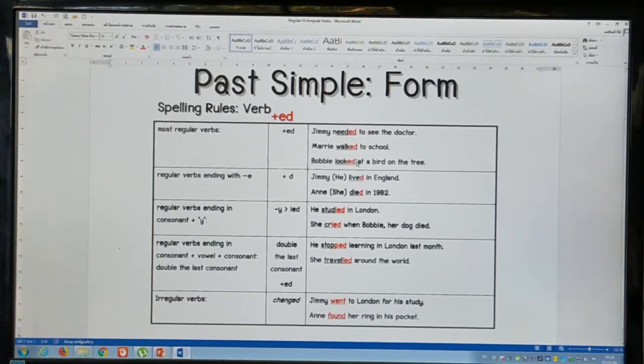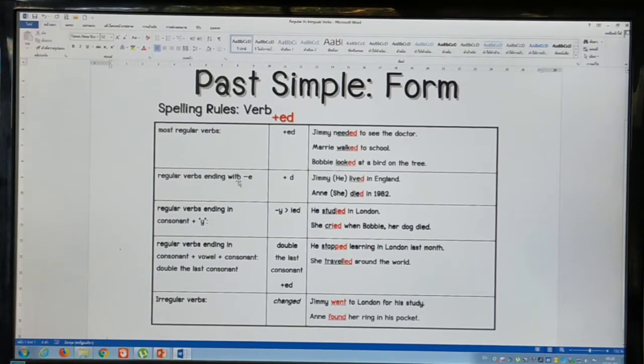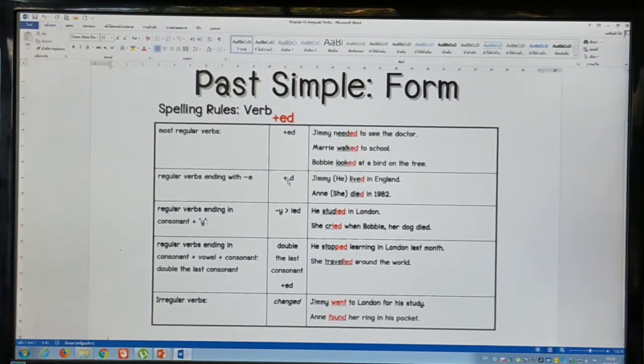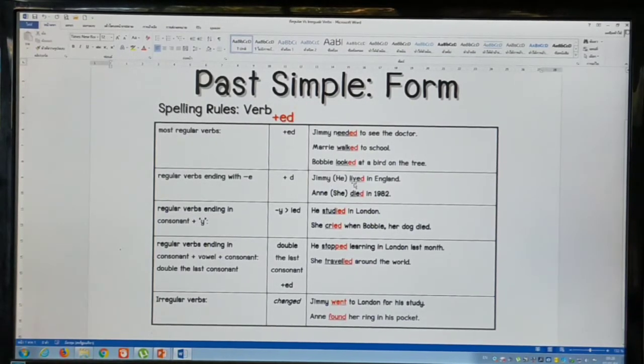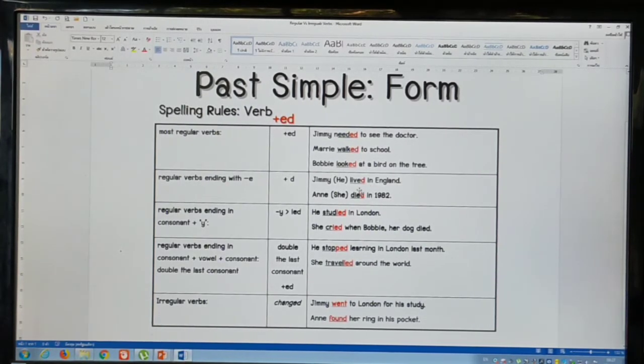Same with number 3. And next, regular verbs ending with e plus d. So if the verb ends with the letter e, just add d. For example, Jimmy lived in England. The regular verb here is live and it ends with e.